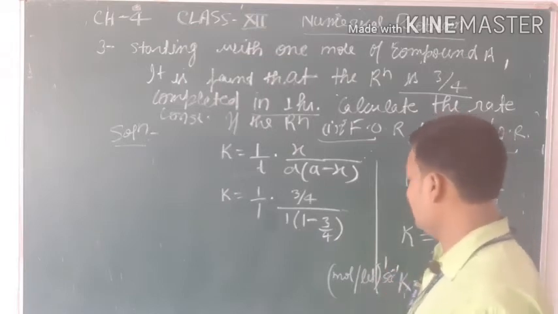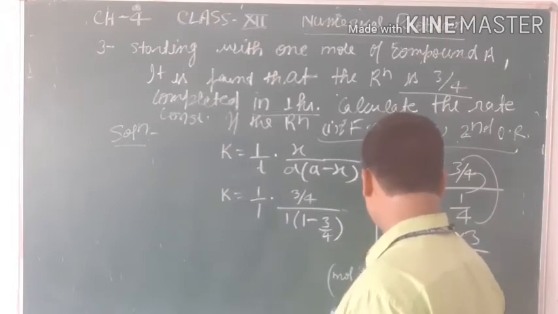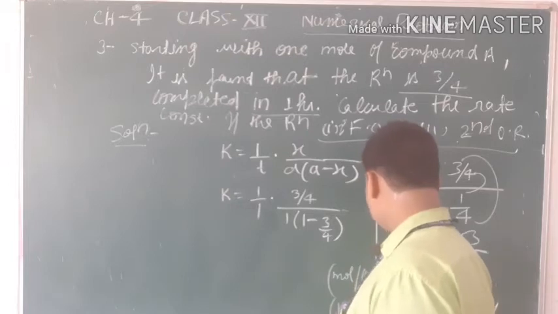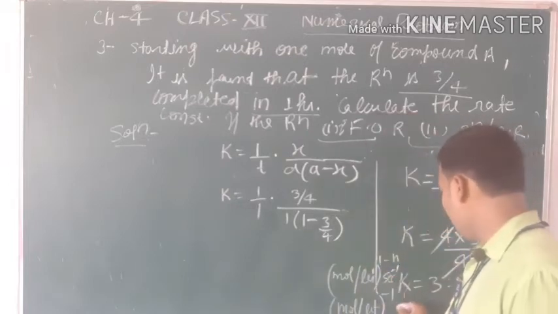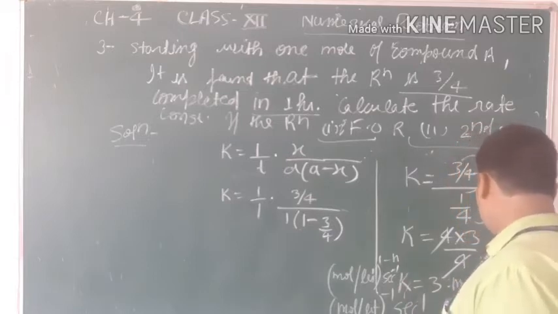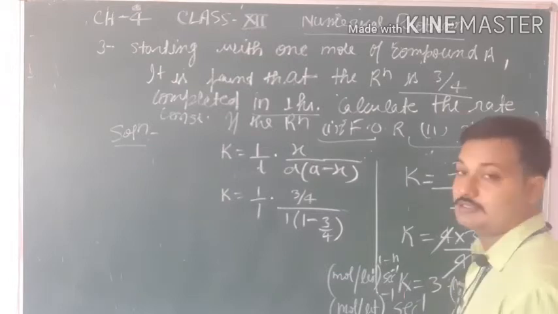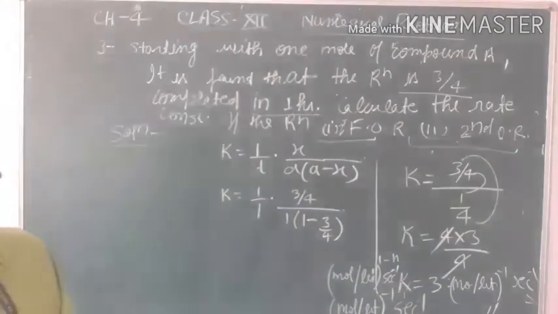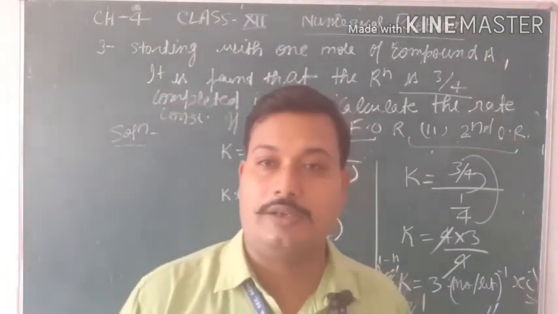So now put in the values, you will get mole per liter to the power 1 minus n, that is, the power 1 minus 2, so minus 1, per second. So the unit is mole per liter to the power minus 1 per second. Now this is the complete answer of this question. Okay, so this is problem number 3 from chemical kinetics.